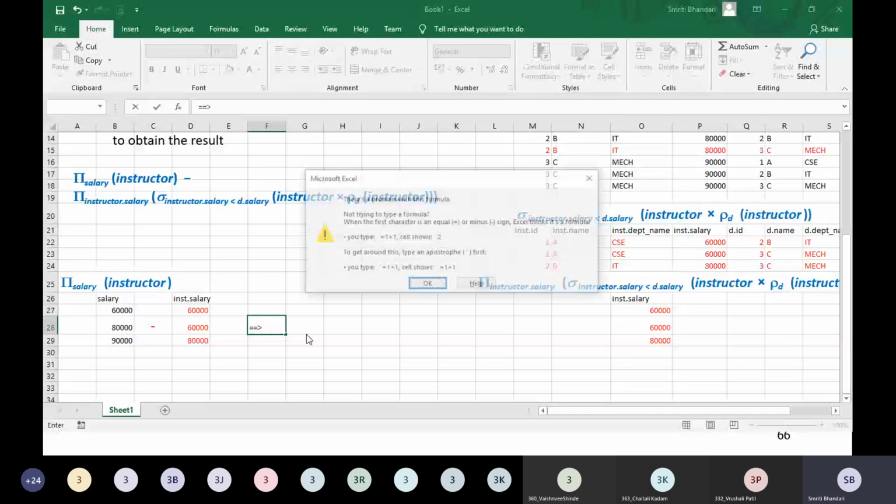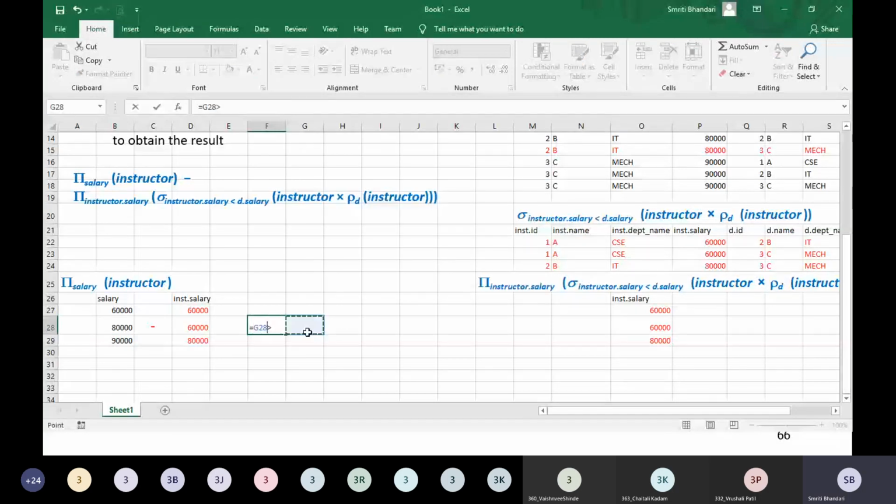So ultimately what we are getting as the output is 90,000.